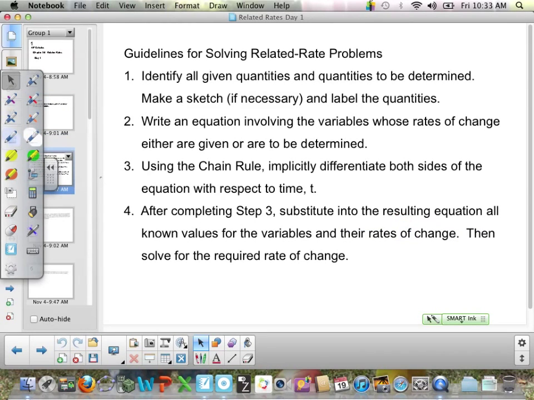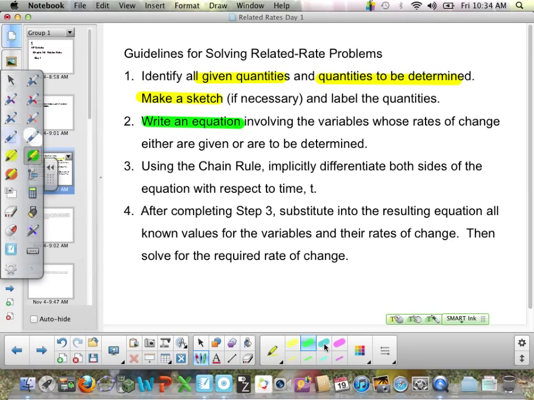Basically, there's 4 steps to doing related rates problems. Your first step is to identify what you know and what you don't know. Sometimes it is helpful to draw a picture. The second step is to write an equation that involves the variables that you're looking for and you know.